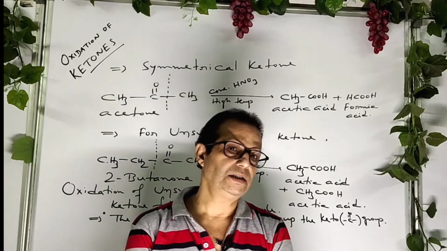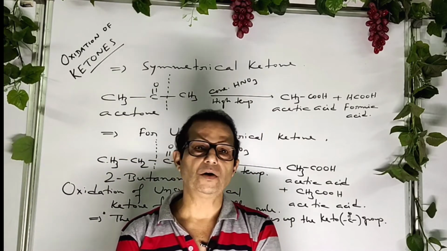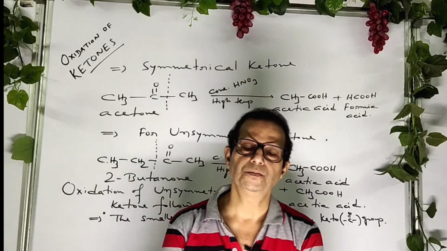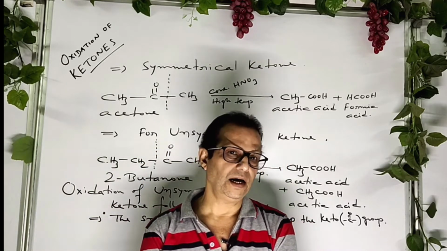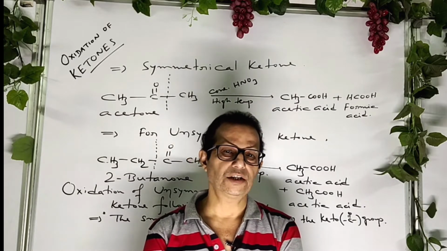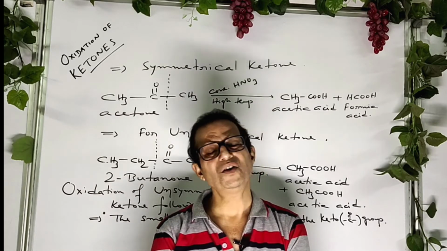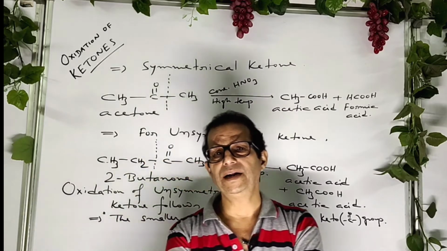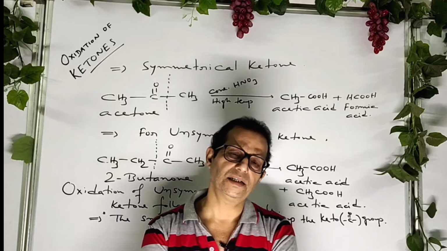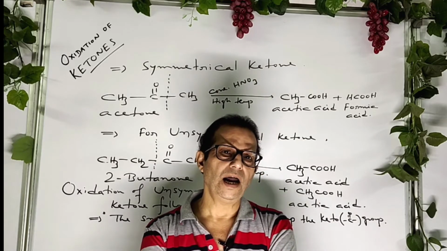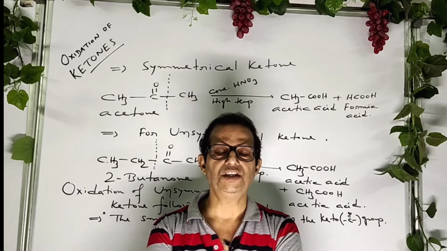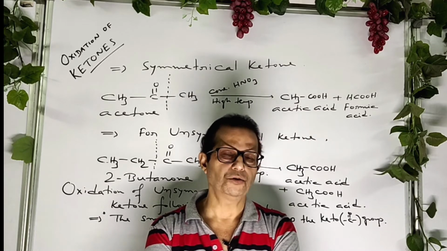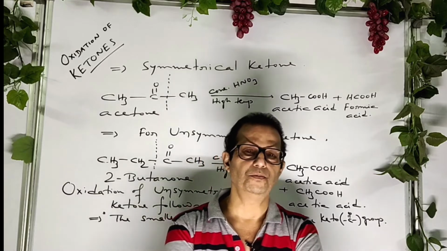Aldehydes easily undergo oxidation because the keto carbon is attached to a hydrogen atom, and when any aldehyde undergoes oxidation in presence of any oxidizing agent, good oxidizing agent should be potassium permanganate, potassium dichromate, nitric acid, then the aldehyde group, that is CHO, oxidizes to COOH group, that is carboxylic acid group.